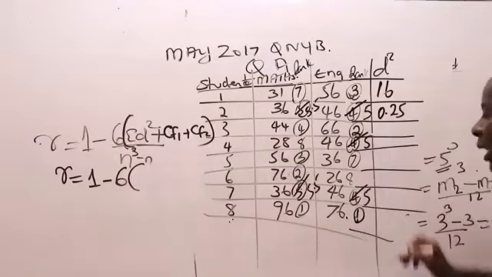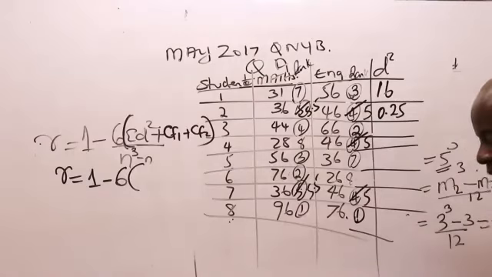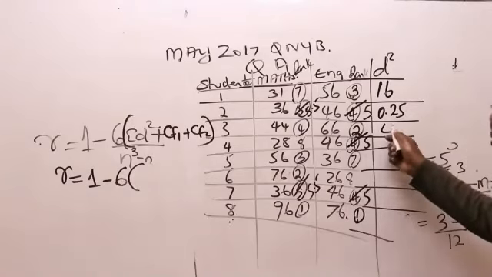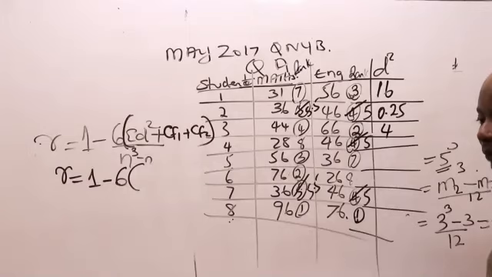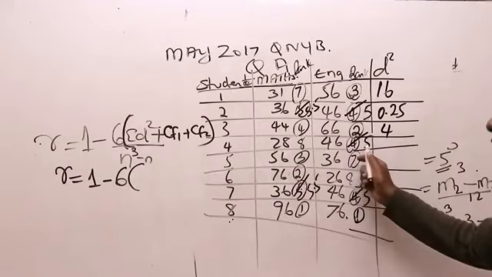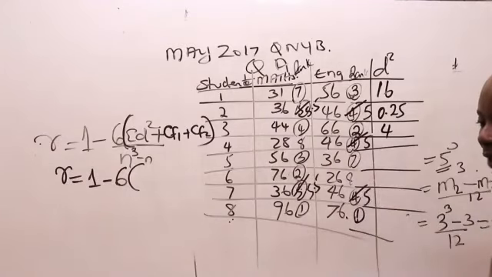Give me now all the others very fast. Somebody is giving me a figure of 4. Next one will be 8 minus 5, not 8 minus 4.